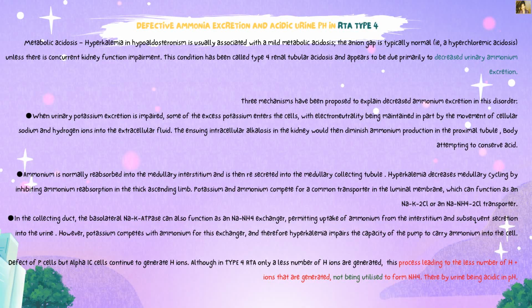So if you remember that it's a defect in urinary ammonium excretion, then we can understand that it could have a pH on the lower side, even though there is a defect in the principal cells secreting hydrogen ions.